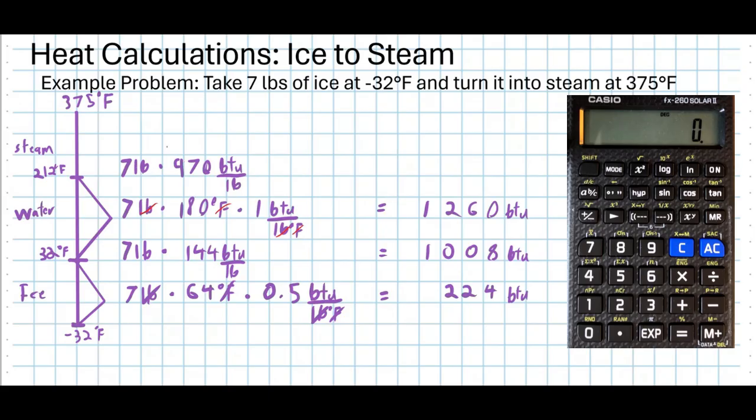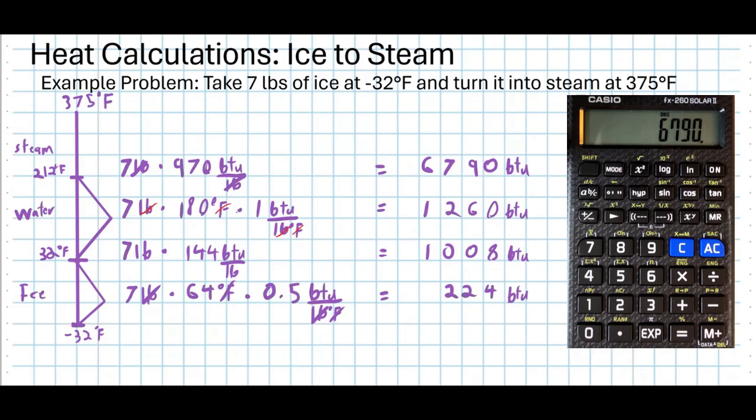So I have 7 pounds of water, and it costs me 970 BTUs per pound. So I can do this multiplication of 7 times 970, and that means it took 6,790 BTUs to turn all our water into steam.